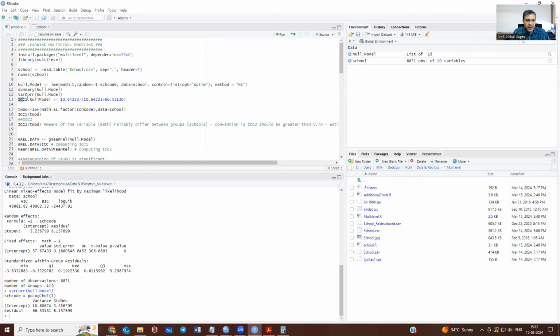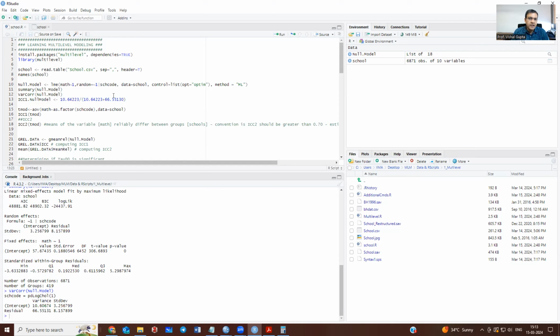So I said ICC.null.model is sigma square u0, that is 10.64223 divided by 10.64223 plus 66.5130. Now you see it is slightly different. Why?